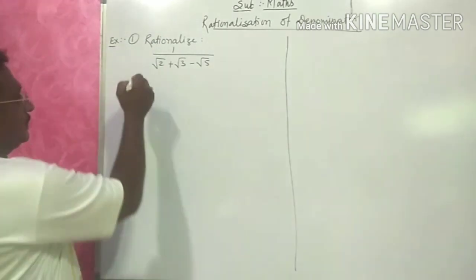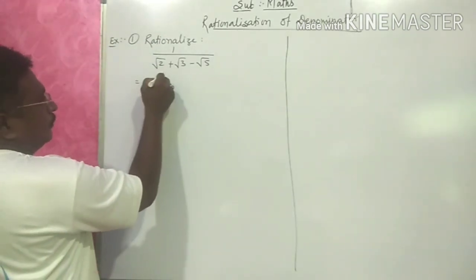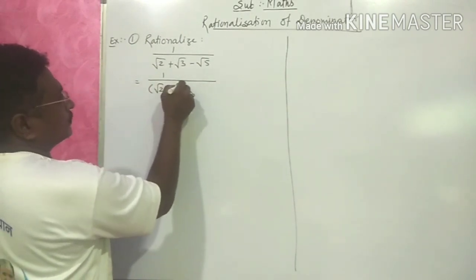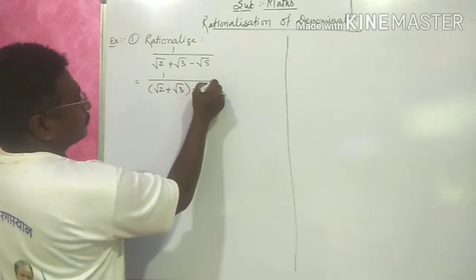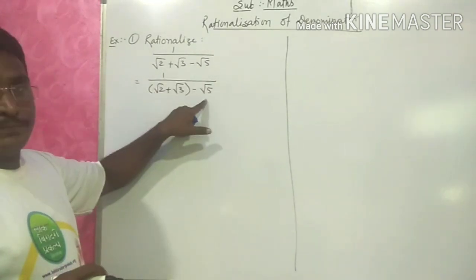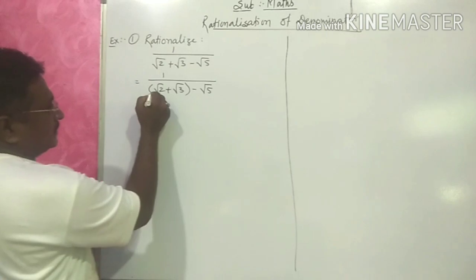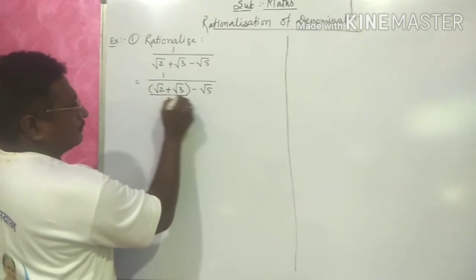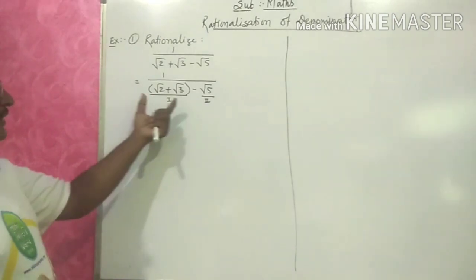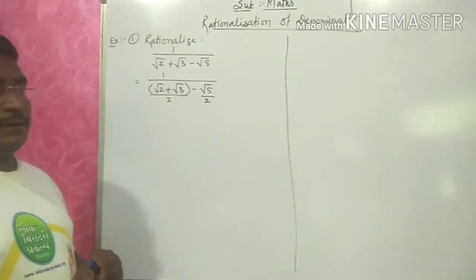So for that purpose, we will make the group 1 by root 2 plus root 3 minus root 5, like this. Means whose sum is the third term, that we will consider. This we will consider one term and this we will consider the second term. So in this way, two terms we will make.